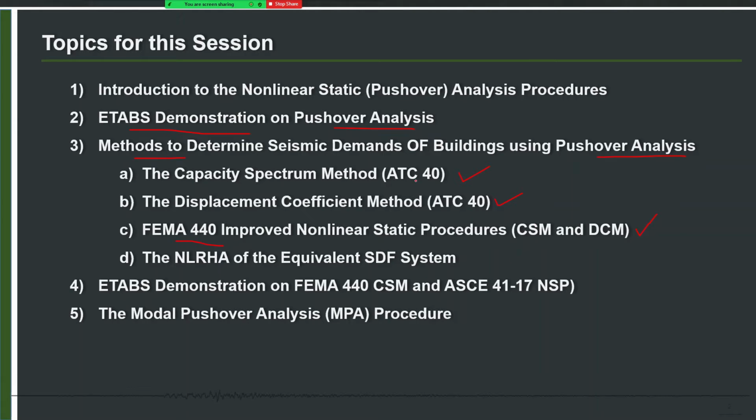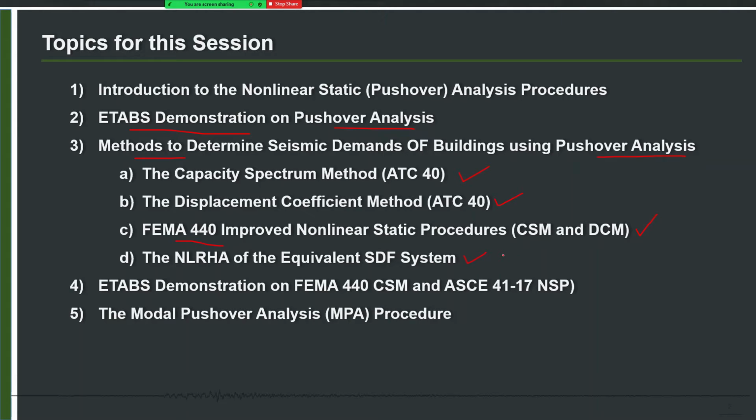And then finally, another method which I can identify from literature which can be used to determine seismic demands using pushover analysis is the nonlinear time history analysis of an equivalent single degree of freedom system.